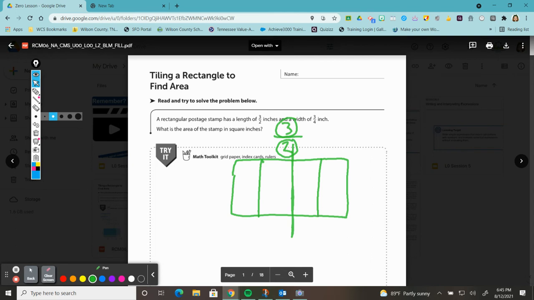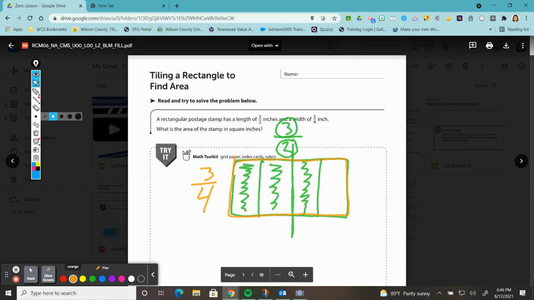Now, I would want to shade in 3 of those pieces. Then I would pick another color and I would model 3/4 going the opposite direction. This is the area I would use to model that 3/4.